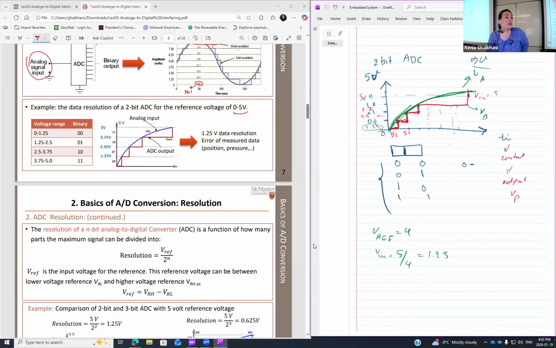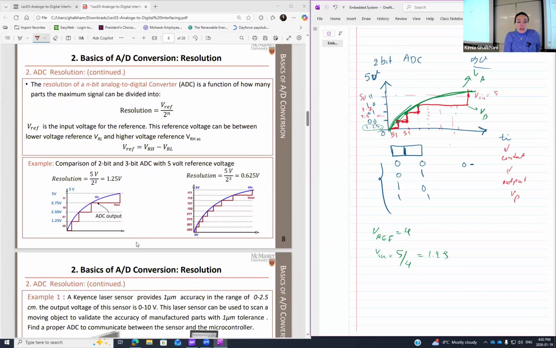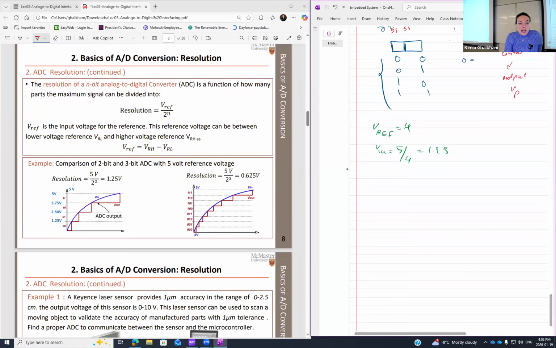You got it? Okay. So let's do another one. Do I have another example for you? So before, let's just give you the same thing. Resolution, I just said it in here. Resolution, right, means get your VREF. In this example is 4. That's how I calculated that one.